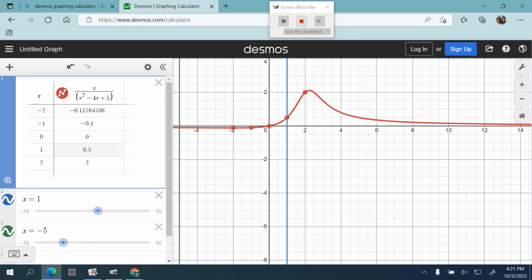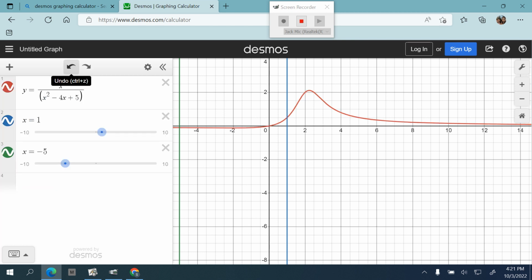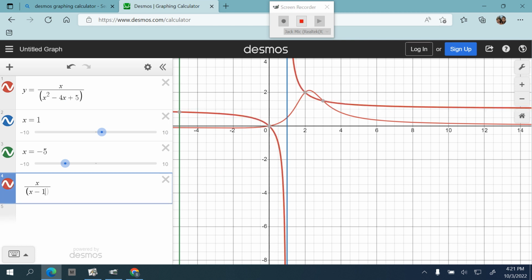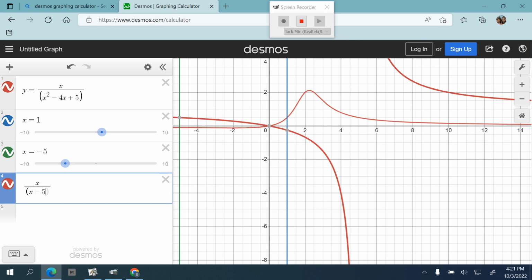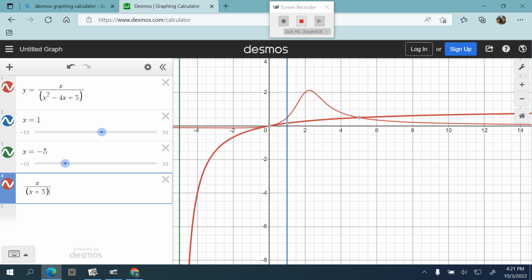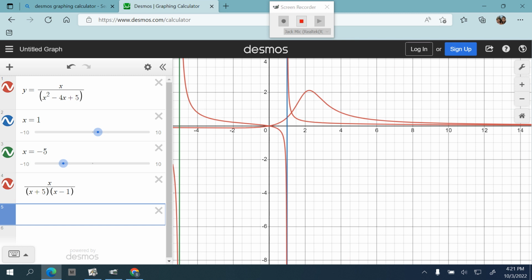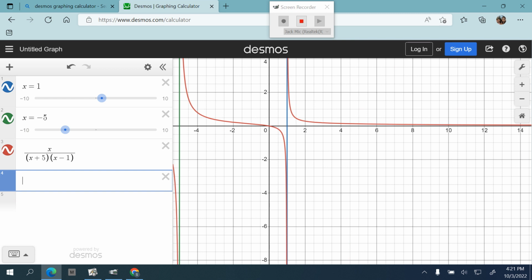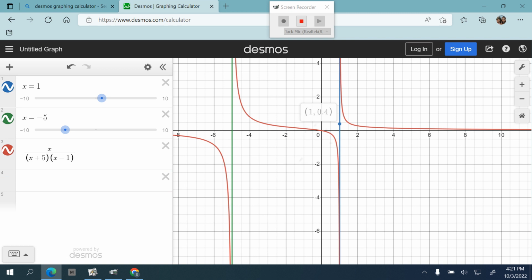So what I'm going to do is put it in where it's factored. So let's undo right there. So x over x minus 5, plus 5, times x minus 1. Yeah, I knew something was wrong with this graph. I'm not sure what I did wrong there. So this is actually how it's supposed to look.